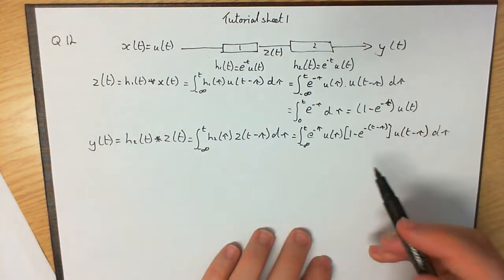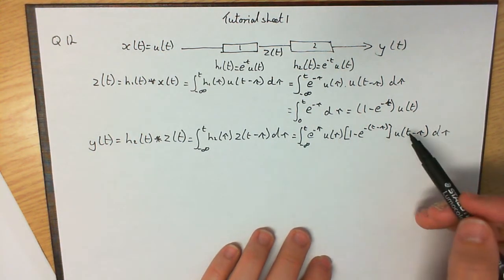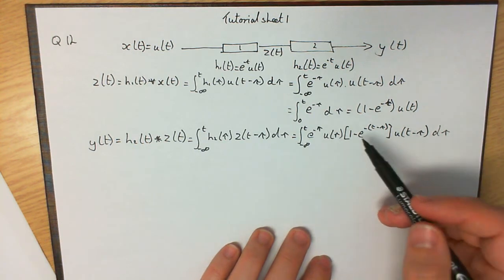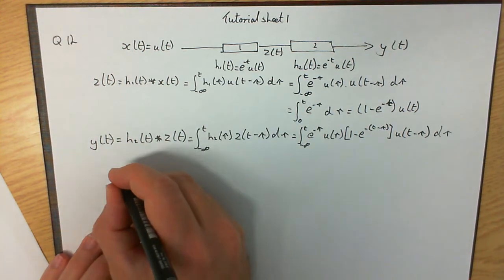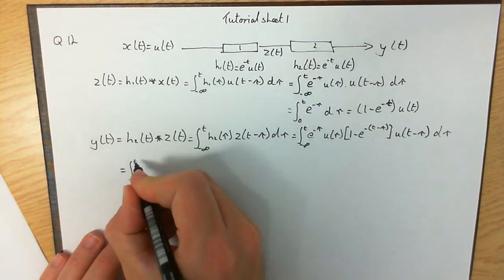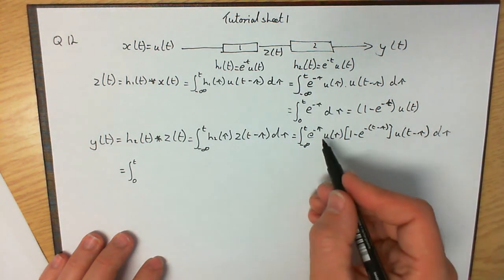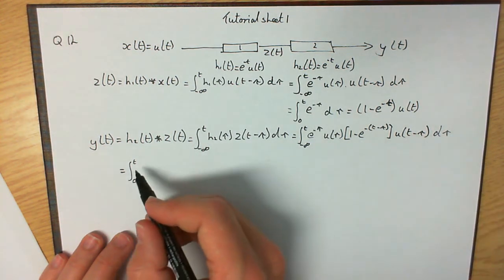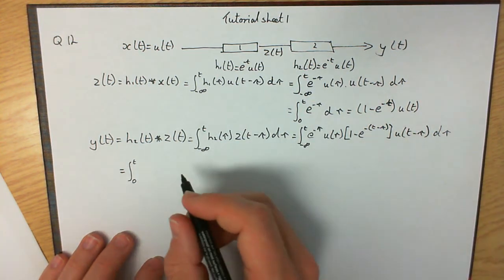So we've set up our equation, and again these step functions allow us to change the limits of this integration. The integration limits are now 0 to t, because the product of these two step functions only exists between these two limits, and that product is 1.